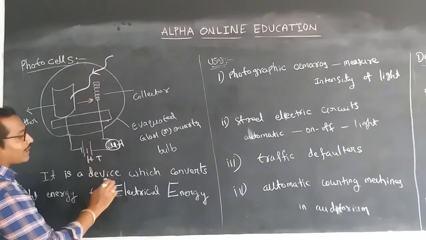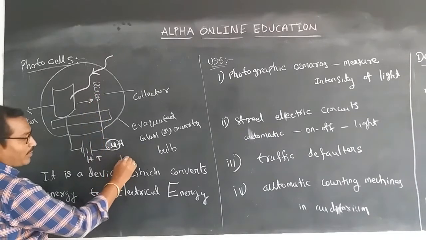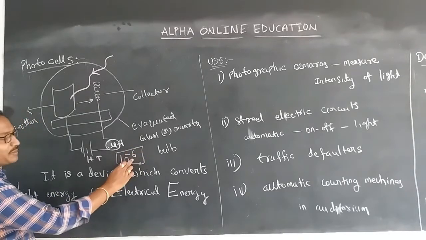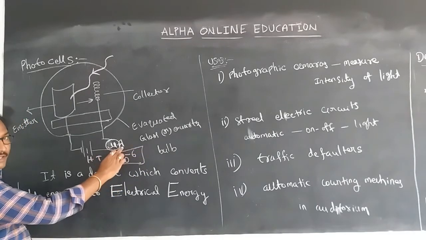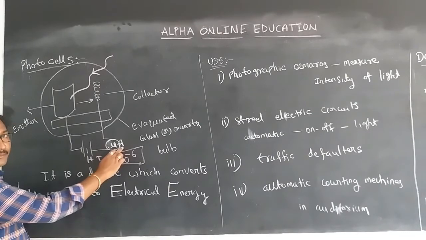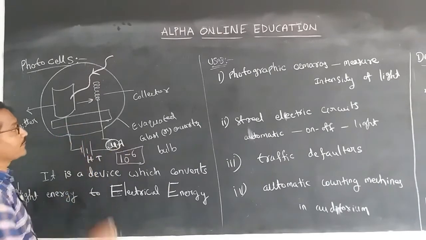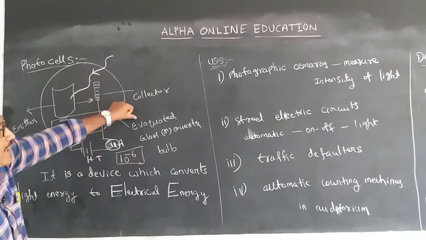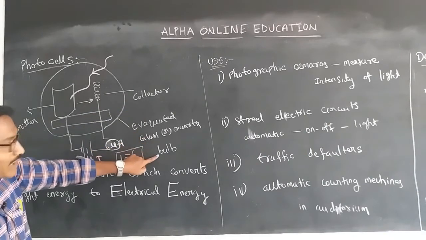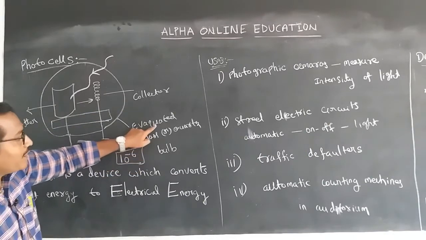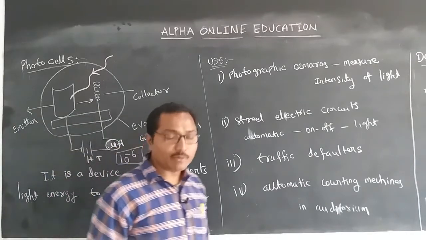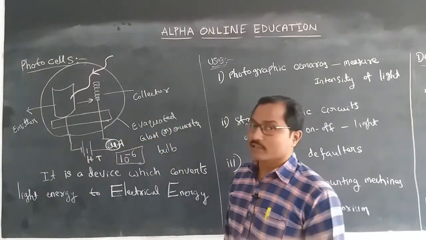The current range will be of the order of 10 to the power of minus 6, which means micro. So that's why we are using a micro ammeter. This whole arrangement is placed in an evacuated glass bulb, otherwise an evacuated quartz bulb. This is the total construction of the photocell.